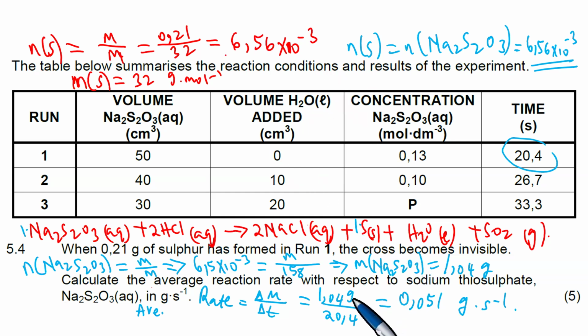So you can use the 0 because ultimately it's going to be used up. If it's used up, it's going to be consumed completely and we're going to have 0 mass in the end, because there's going to be no sodium thiosulfate in the end since the HCl is in excess. So we can do it that way, and then it's ultimately going to be 0 minus this. Okay.